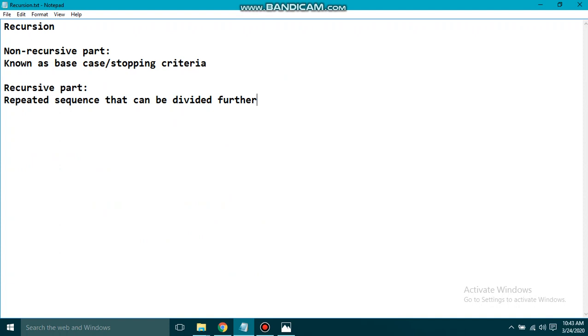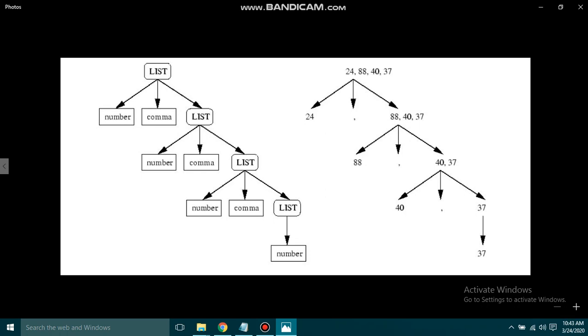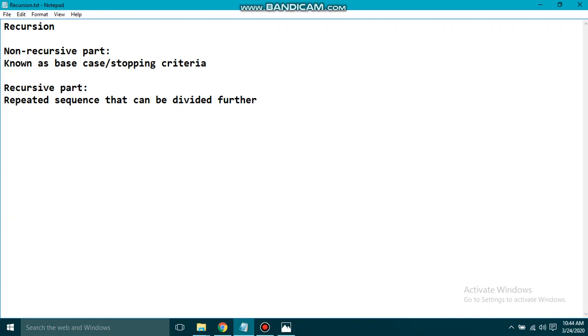For our example, the non-recursive part was getting to the number 37, from which we cannot divide the list, and the recursive part was having those lists, 88, 30, 37, where we can further divide the problem. So when we design a recursion problem, there should always be two parts: the non-recursive part and the recursive part.